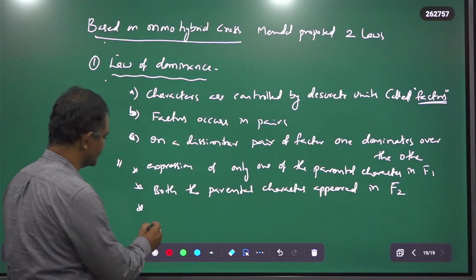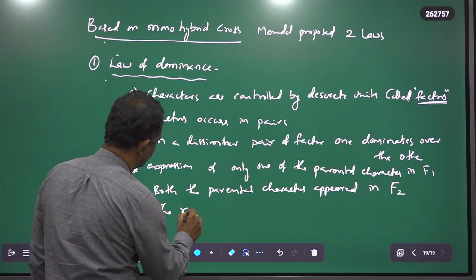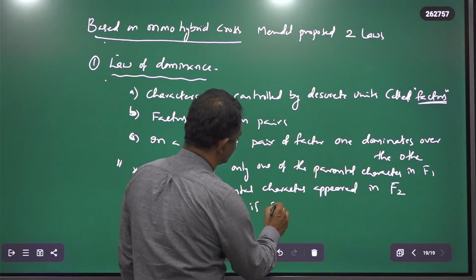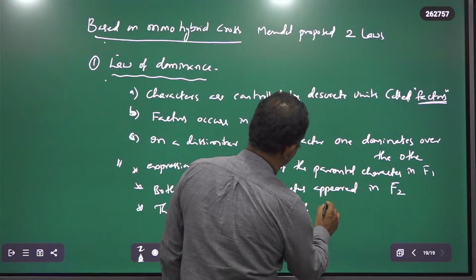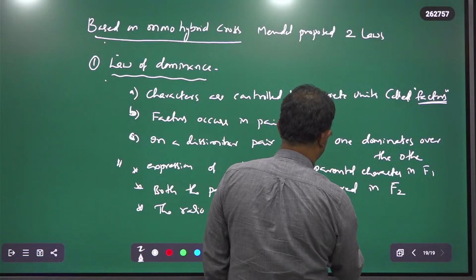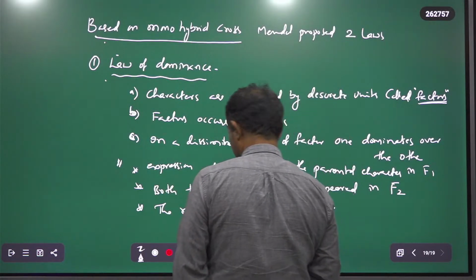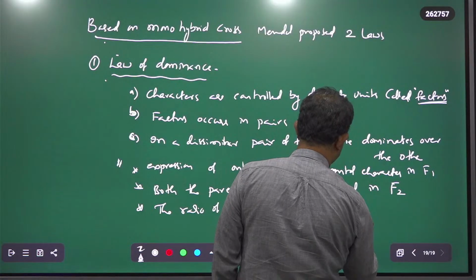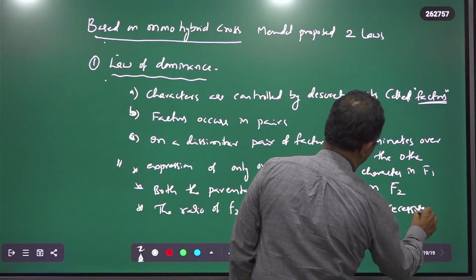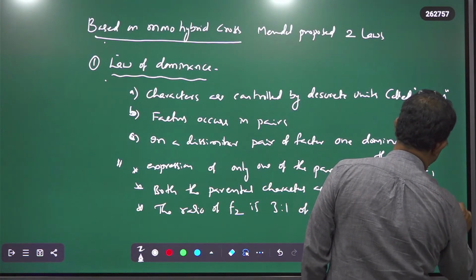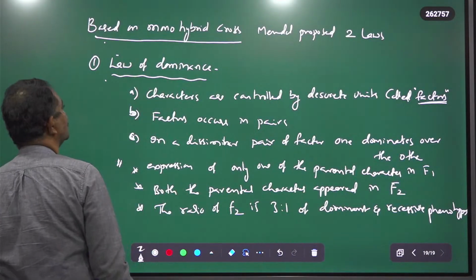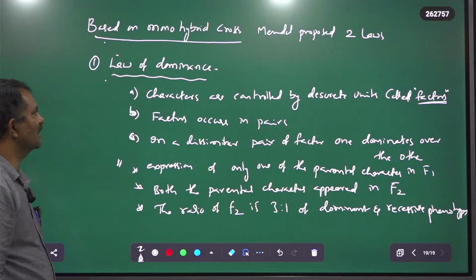The ratio of F2 is 3:1 of dominant and recessive phenotypes. So these are all explained by Mendel. That is called law of dominance.